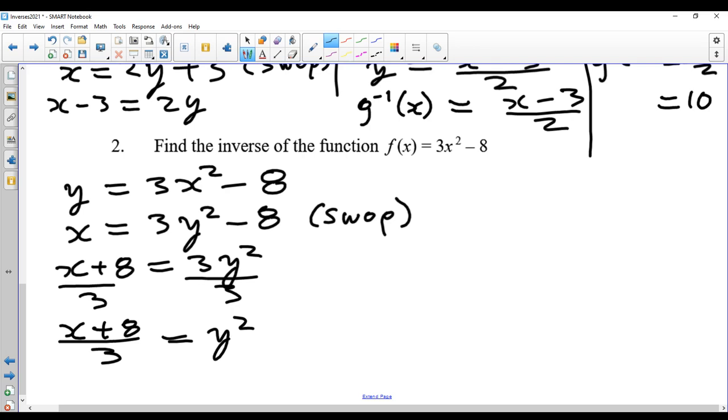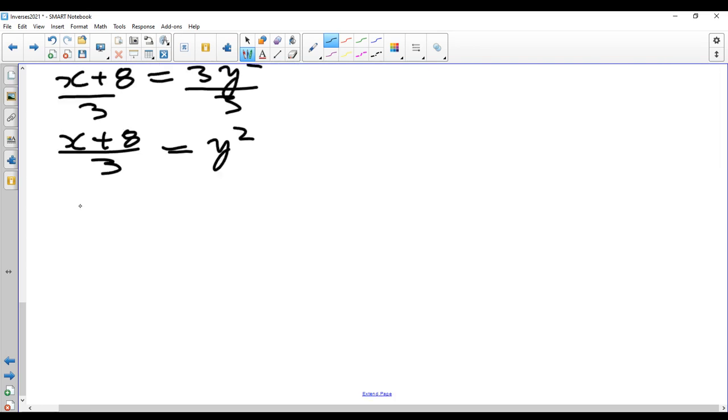Okay, so what happens next? Yes, AJ. Root it, square root it. Yep. But when we square root it, we have to take the plus and the minus square root. So y is equal to the plus and minus square root of x plus 8 over 3.